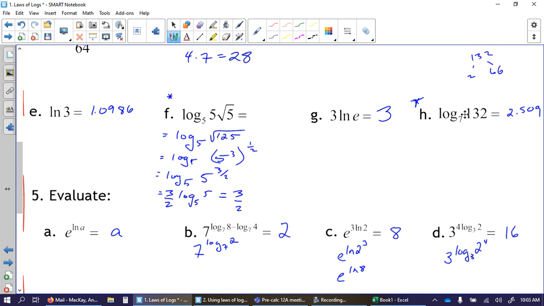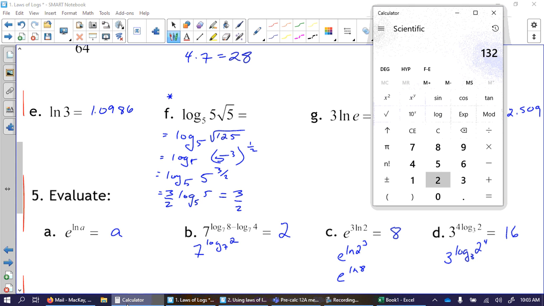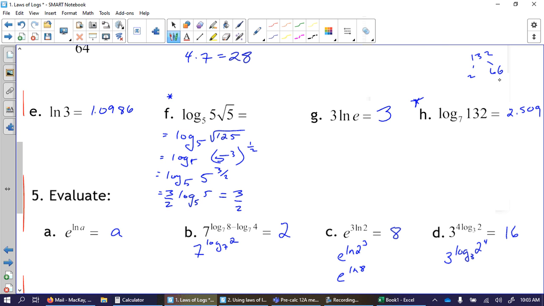I don't know. Let's do the smart thing. 132 divided by 2 is 66, and 66 divided by 2 is 33. Well, that's 3 and 11. There's no 7 to any power in there, so that gets to be a problem.